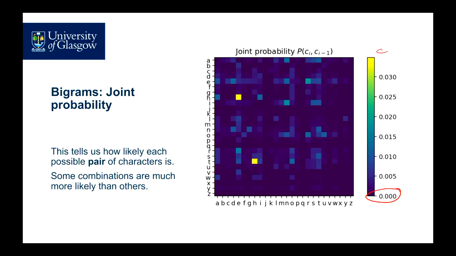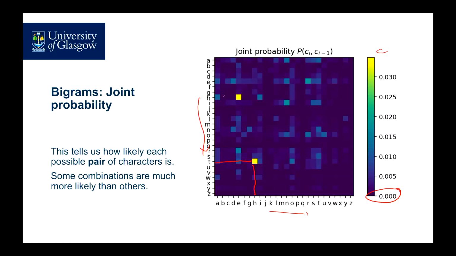So in this case, what do we have? We have the first letter in rows here, and the second letter in columns there. Just by looking at this, we can see that some combinations of letters seem to be more likely in the text, as we would expect. For example, T followed by H is very common in the English language. I'm sure you will all have noticed that.